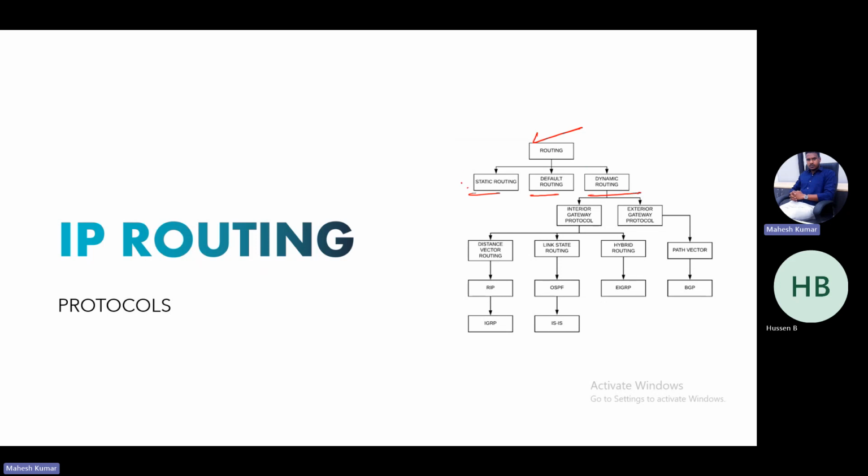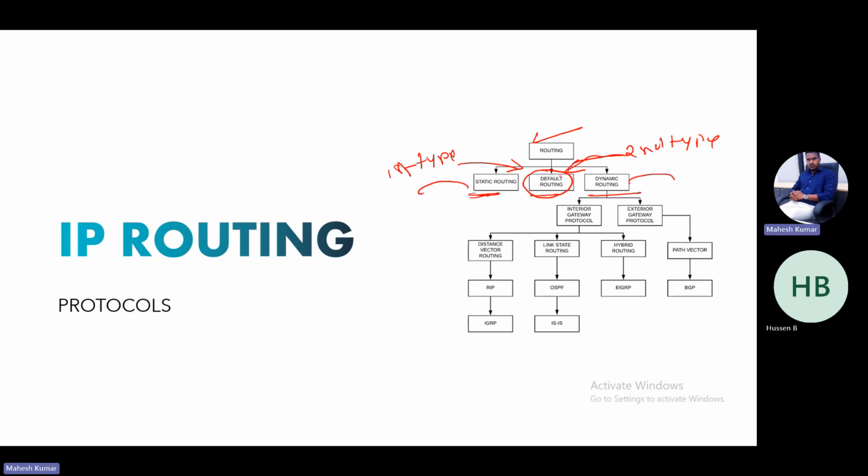Mainly we have static routing and dynamic routing. This default routing will work in both static routing and dynamic routing as well. So in static routing, how many flavors we have, we'll discuss today.